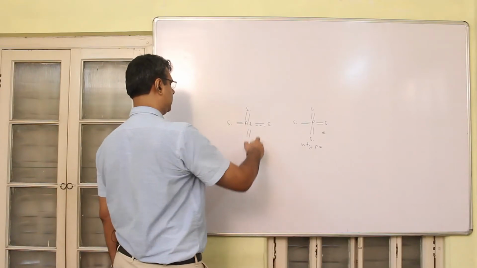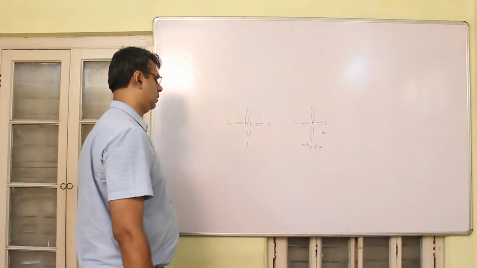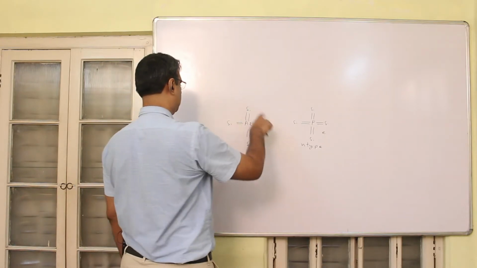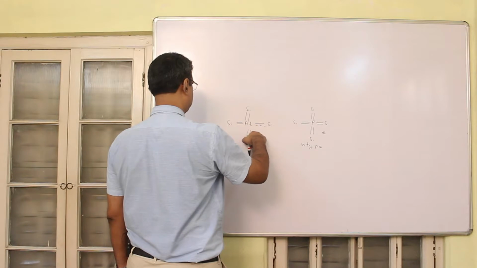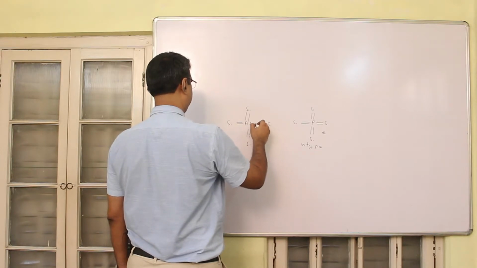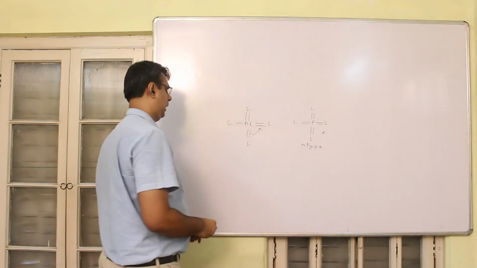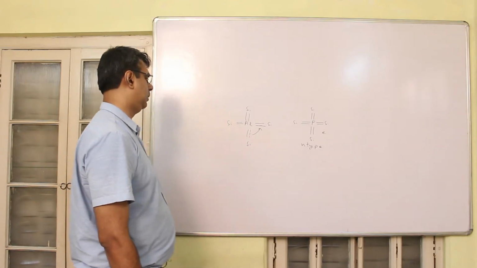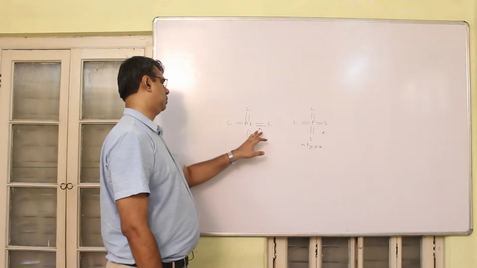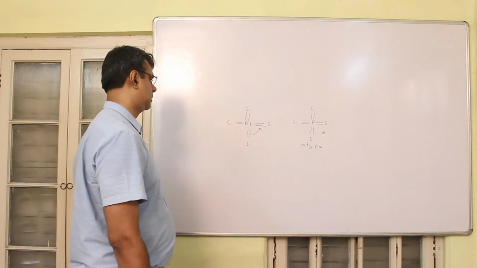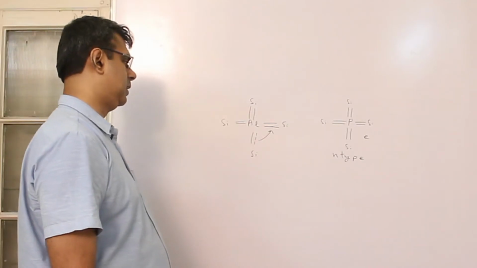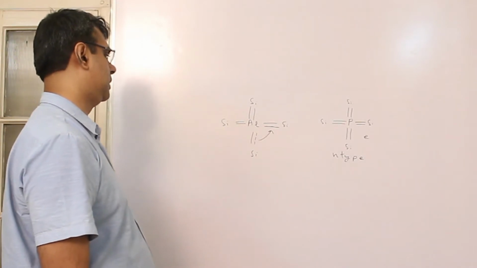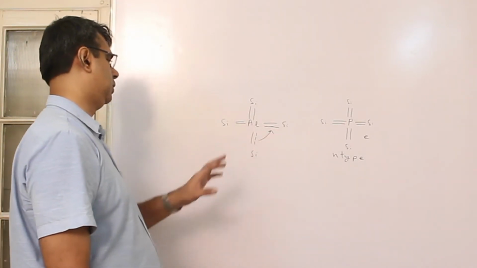This vacancy, as we all know, is a hole, and because all the bonds are equivalent, there is a possibility that one of the electrons of a neighboring bond will come out and occupy this place. When that happens, we say that the hole has moved from here to here.